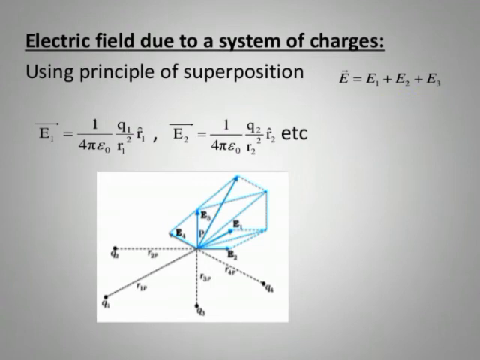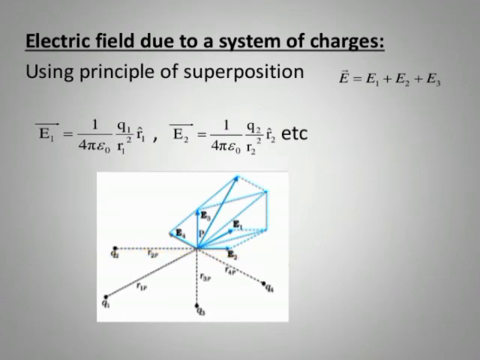For E1 plus E2 plus E3 and so on, you just substitute the formula for every single electric field, but you have to mention it for which charge. If I consider q1 charge, it produces E1 electric field. If I consider q2 charge, it produces electric field E2.